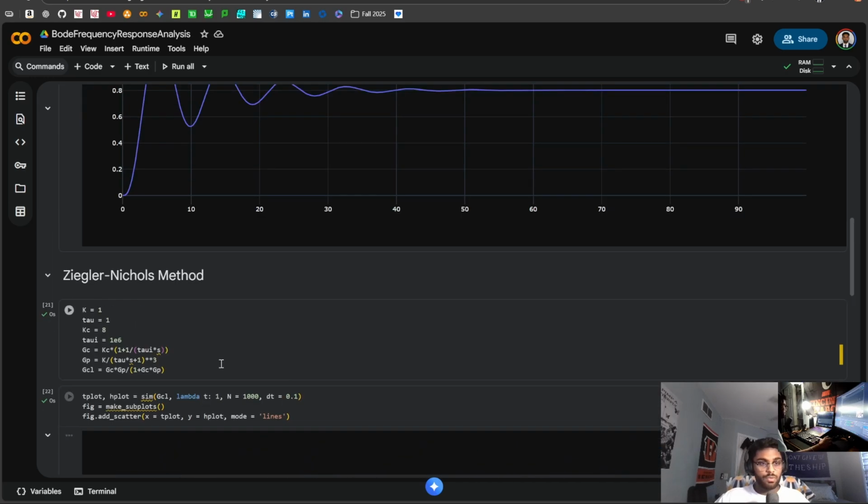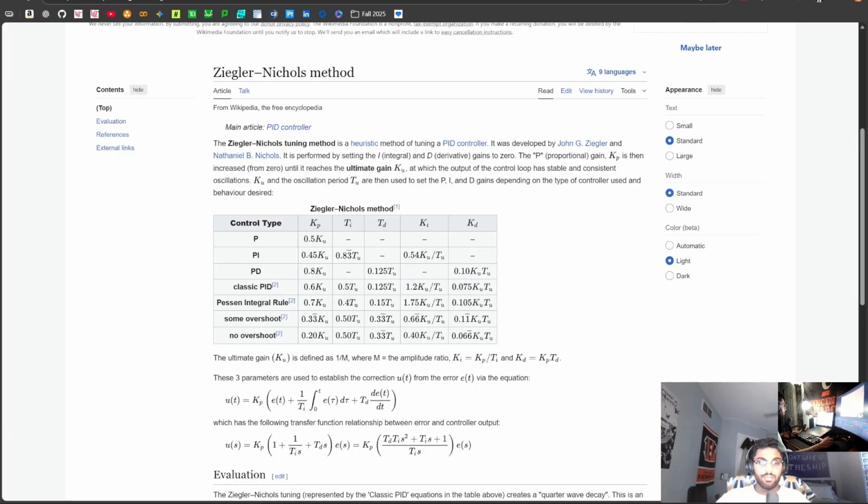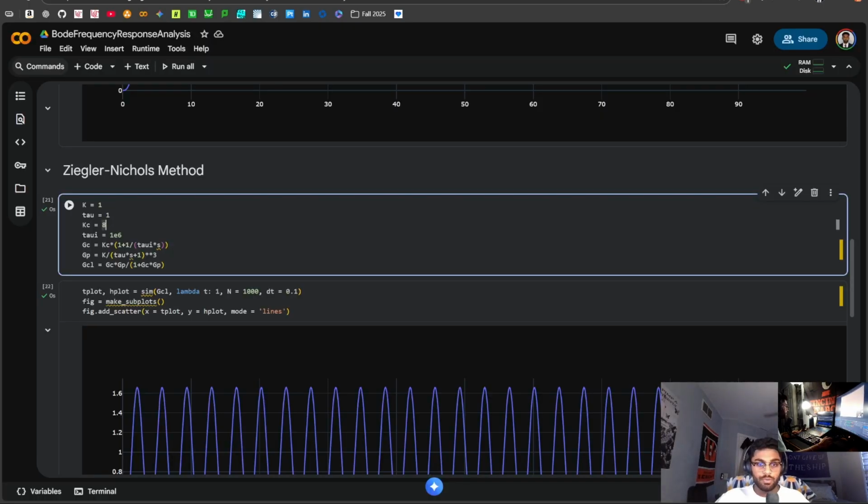So now what ends up happening is, in order to get this to that critical value for which the process remains stable, we have to take this rule, so 0.45 times Ku.